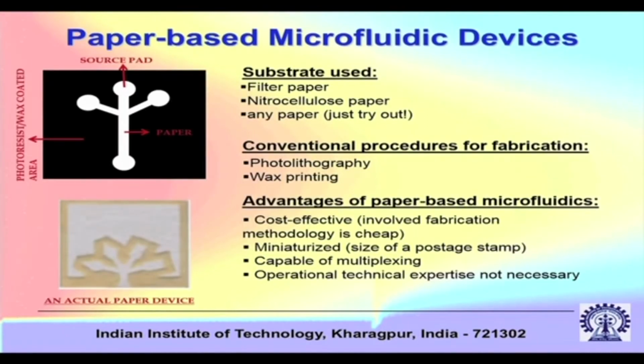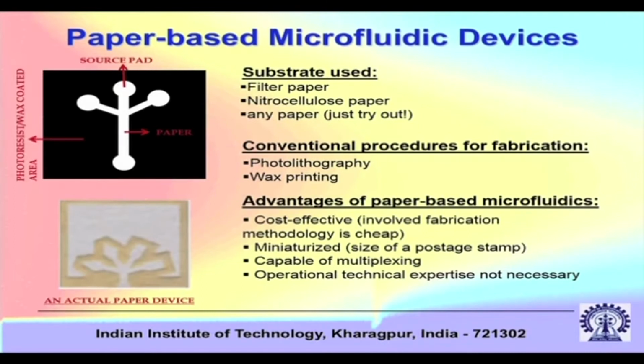Now, paper based microfluidics. Why are we interested in paper based microfluidics? In CD based microfluidics there are several advantages: you can make many microchannels active simultaneously by rotating the disc. If there are many channels, all the channels will become active. So you can have multiple tasks being executed by that system of channels.